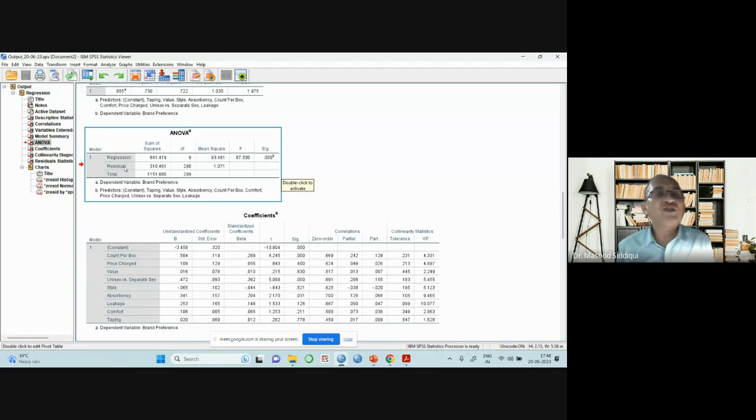F is the ratio of explained upon unexplained, or the ratio of regression and the residual. So if we divide 93.491 by 1.071, we get 87. Now 87 is a big value, right? So correspondingly, the p-value or significance is 0.000, which is less than 0.05.